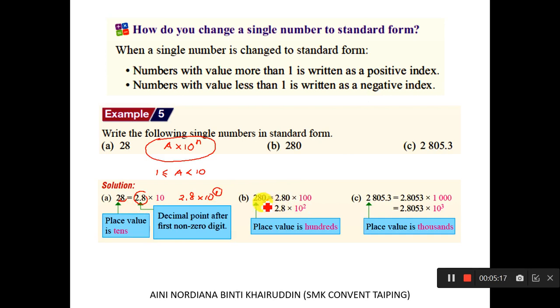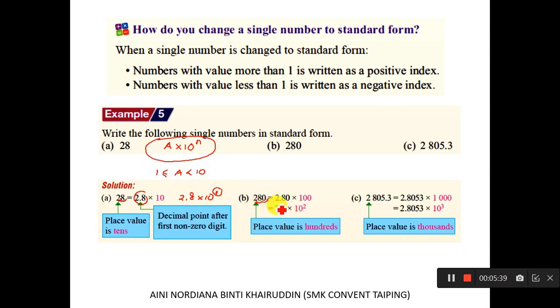So you move 2 times, because if you move only 1 time, the number becomes 28. 28 does not satisfy this condition. The A must be less than 10. So 28 is greater than 10. So you have to move 2 times.